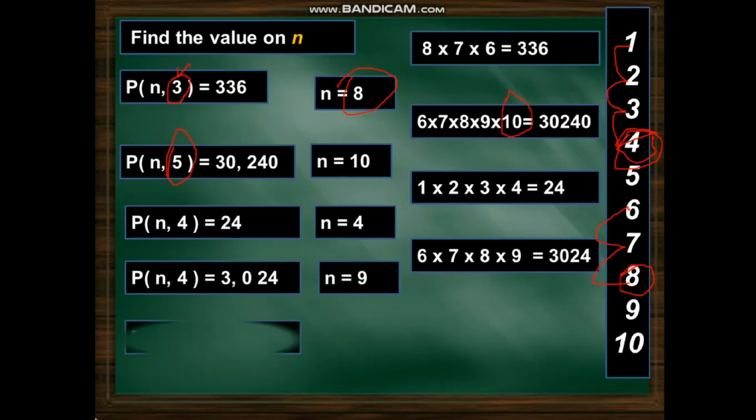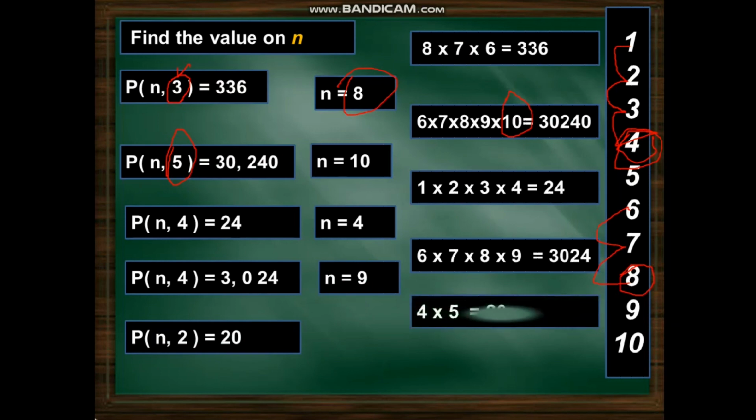Next, we have example number 5. Our n is equals to unknown, then r is 2, and our permutation is equivalent to 20. Maghanap tayo ng number that when we multiply that number, 2 beses po natin gagawin, ang kanyang sagot is 20. Ano kaya yon? So that is equals to 4 times 5.